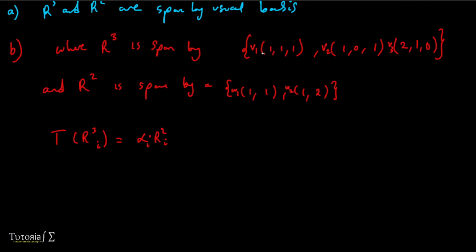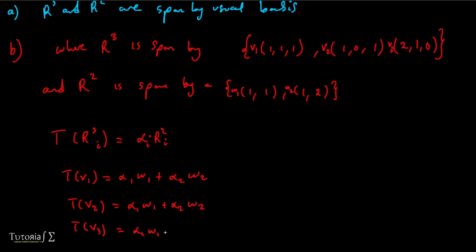So writing the transformation of V1 as a linear combination, alpha 1 W1 plus alpha 2 W2, since there are only two vectors here. Then you go again, T V2 equals alpha 1 W1 plus alpha 2 W2, and TV3 equals alpha 1 W1 plus alpha 2 W2.